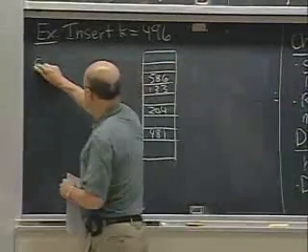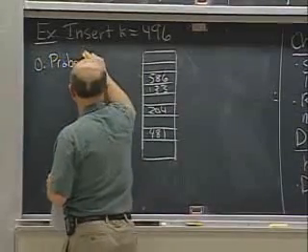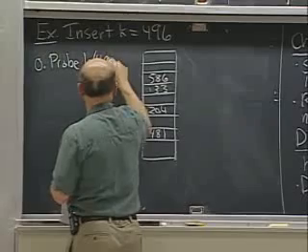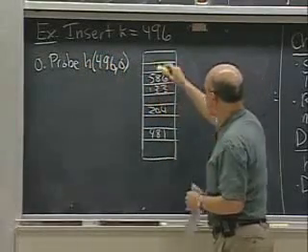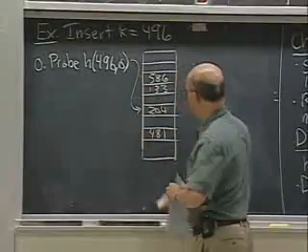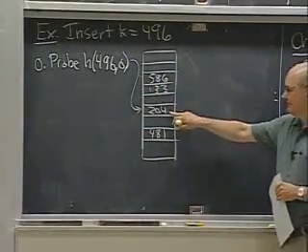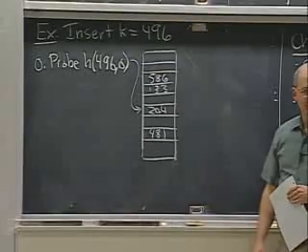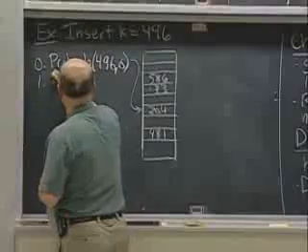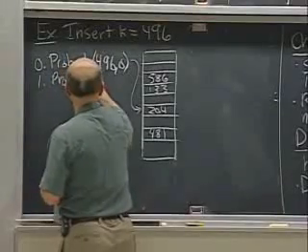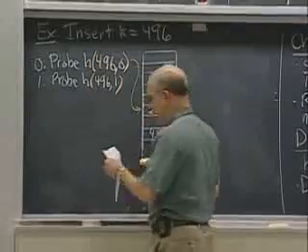So on my 0th step, I probe h of 496, comma 0. Let's say that takes me to the slot where there's 204. And so I say, oop, something there. Have to probe again. So then I probe h of 496, comma 1.